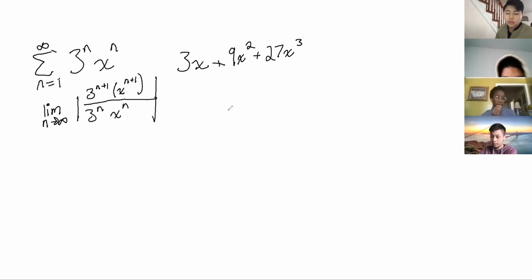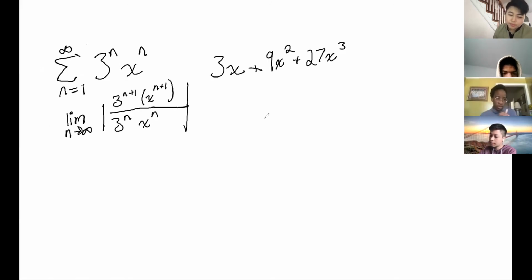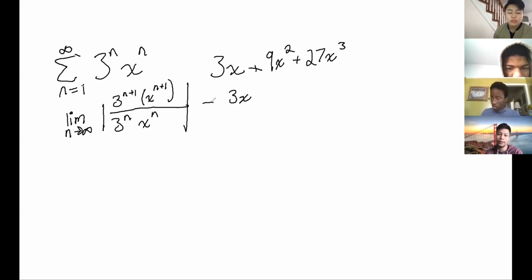That doesn't make any sense at first, but it would just be 3x. Yes, because it would be 3 to the n times 3, times x to the n times x, and then the 3 to the n and x to the n would cancel, leaving just 3 and x. If you simplify, yeah, I see.